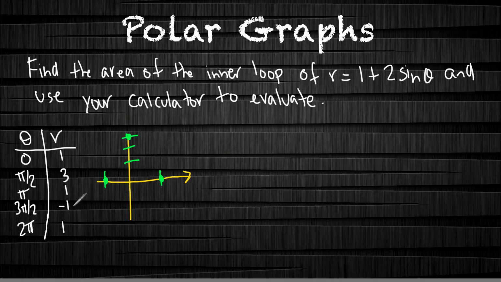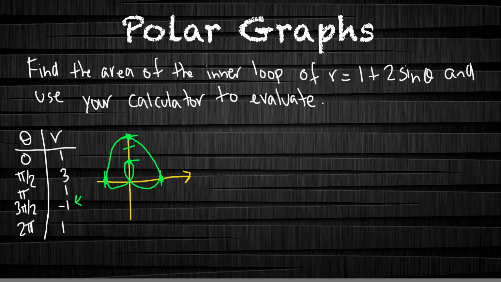And now watch this right here: 1 unit in the opposite direction of 3 pi over 2. Well, 3 pi over 2 is 270, but we're going 1 unit in the opposite direction, so that's towards 90. And then at 2 pi, we're back to 1. So this thing actually looks like this. It's coming around, and it's going to go through the origin, go up there, come through the origin again, and then go back.